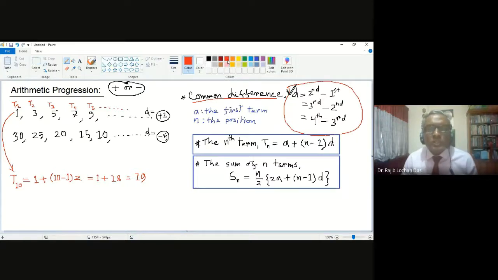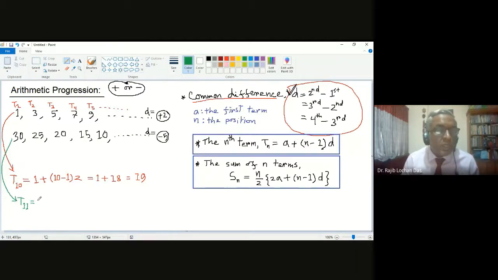So for the second one, let us find another one. For the second one, which one do you want to find? T8, T9, T7, T13, what? Give me any number. T11, okay. So for the second example, be careful. This is the second example, and T11. Then you will write the formula.